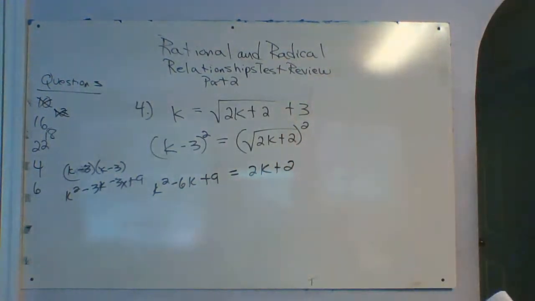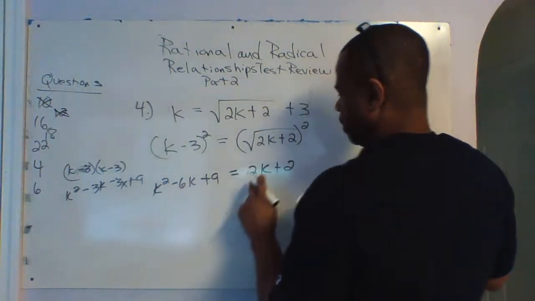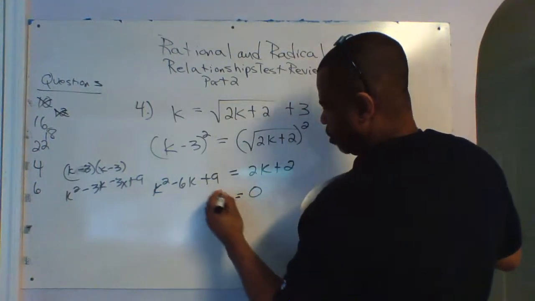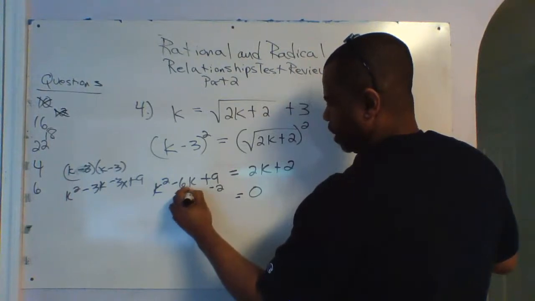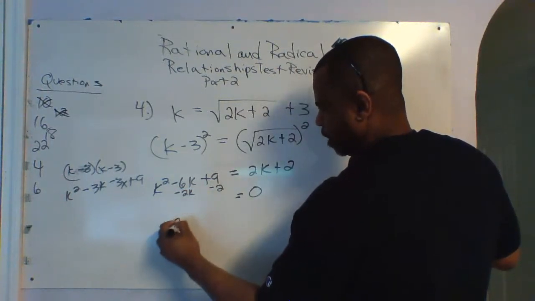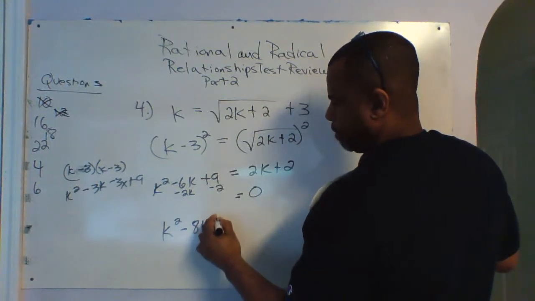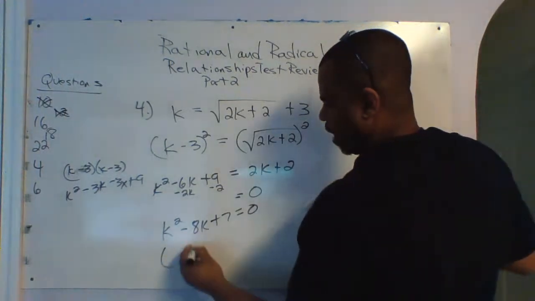We want to keep our highest power positive, so we move all this over. So this should be 0. This would be -2, then this would be -2k. So we have k squared minus 8k plus 7.